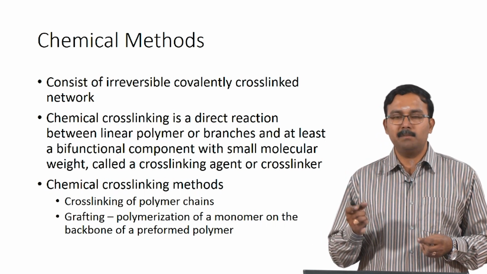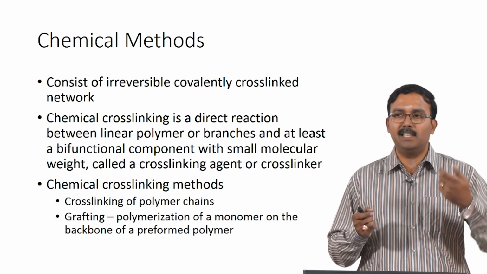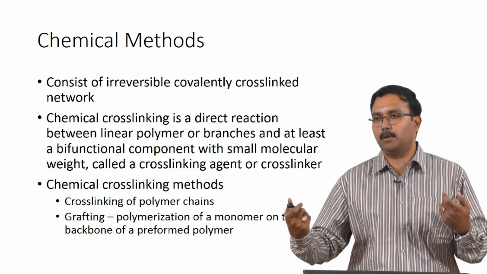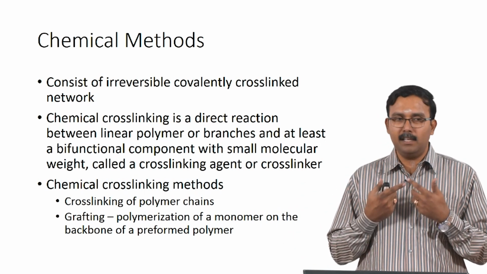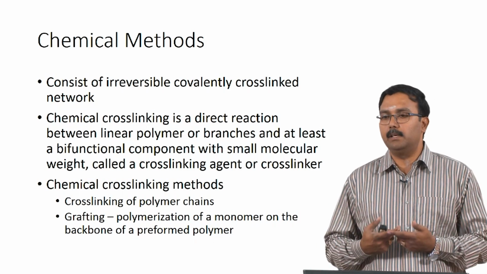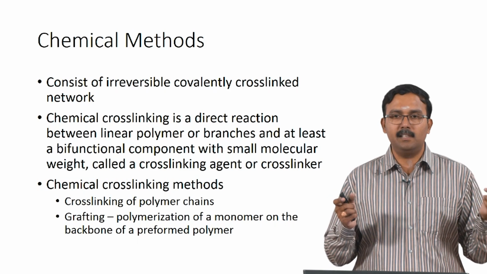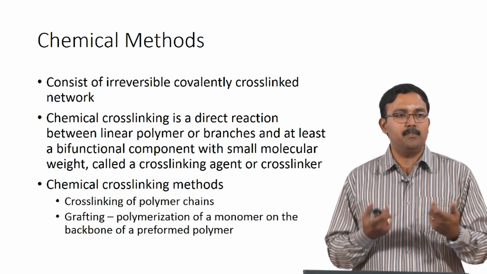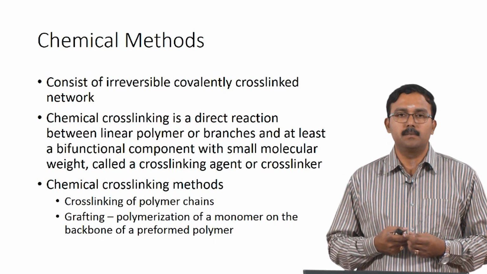You would use something which is bifunctional, so that one side of the functional group will interact with one polymer chain and the other side of the functional group will interact with the other polymer chain, thereby forming the cross links. Glutaraldehyde is one such molecule which is very commonly used. Okay. You have two aldehyde groups, so it can easily react with amines and other molecules. It will immediately form cross links. That is a very common cross linker which is used.